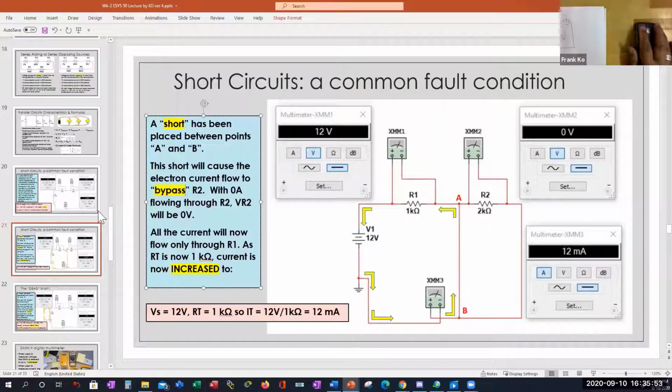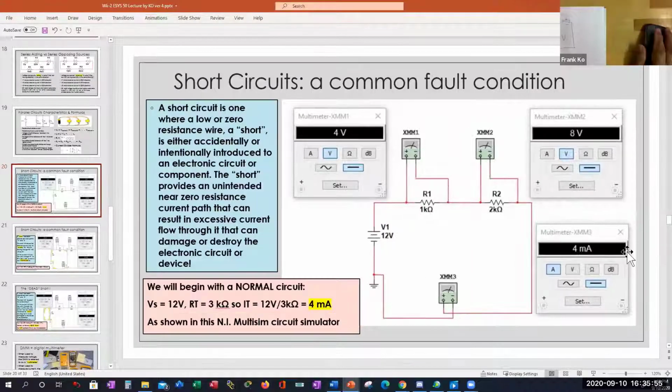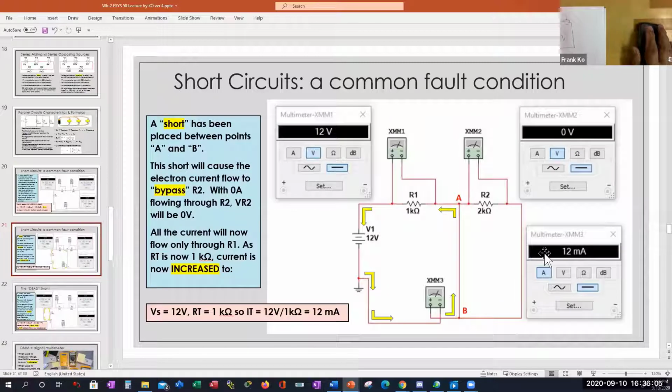What was my current before? Under normal circumstances, my current was happy at 4 milliamps because I had 2 resistors in the current path. But now, because I put a short in here, did my current go up or did it go down?